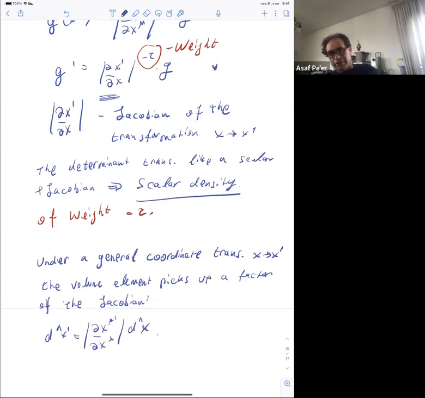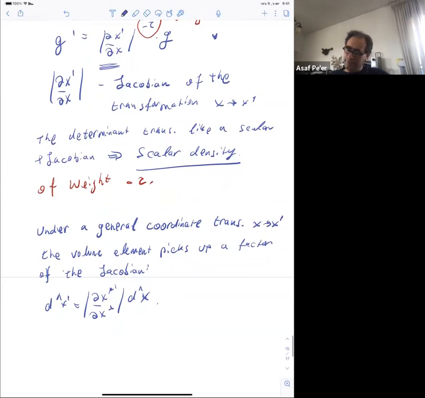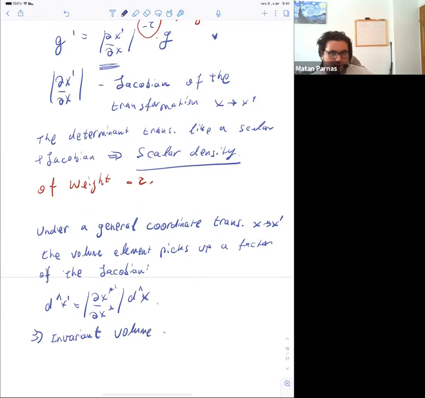Are you familiar with this formula? Some say yes, and many don't say anything. Are you familiar? Yes, I see that more people say yes. Good. Which means that if I want to get an invariant volume element, what do I do? Invariant means that the volume element does not change under the transformation. You would have to normalize it.